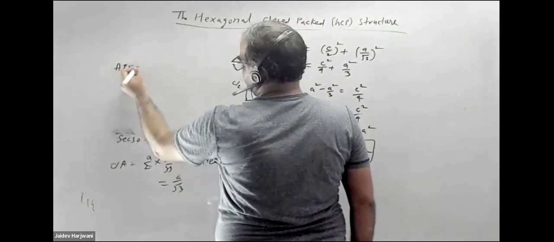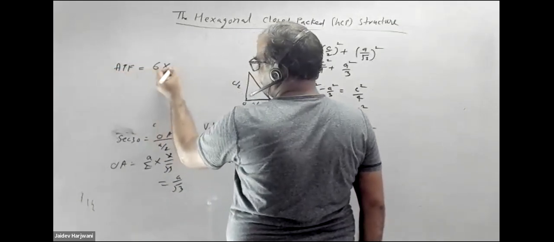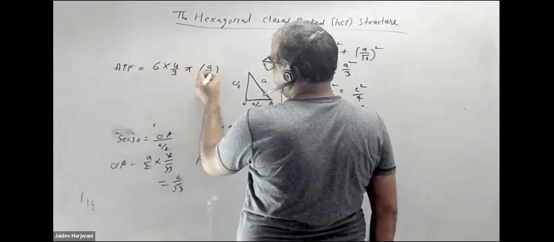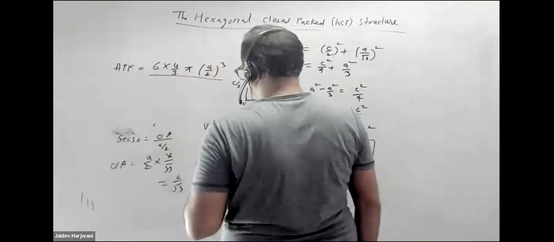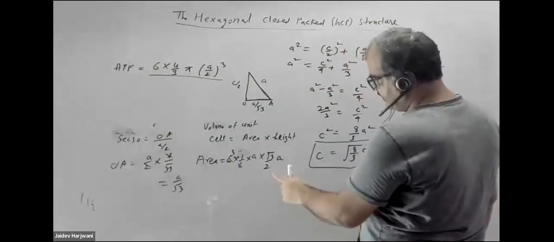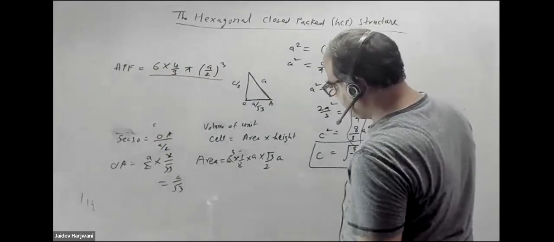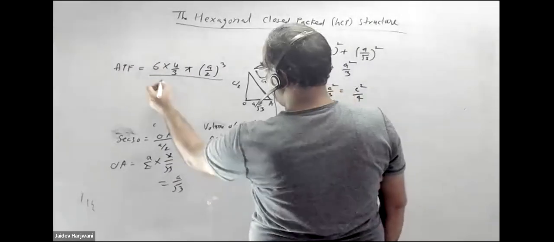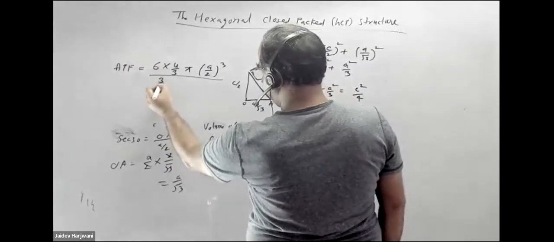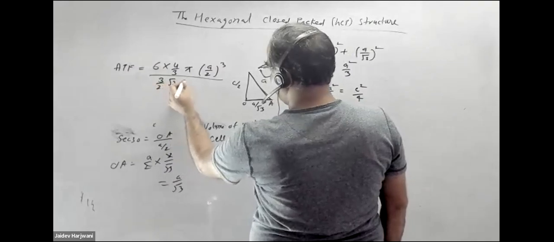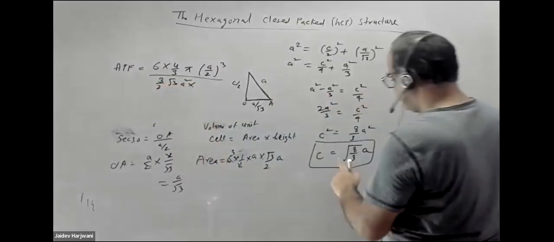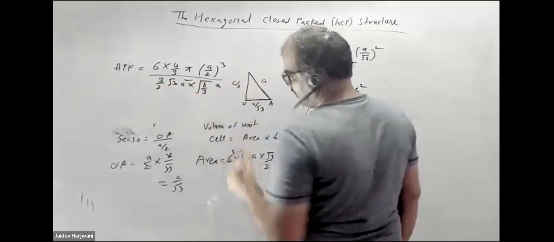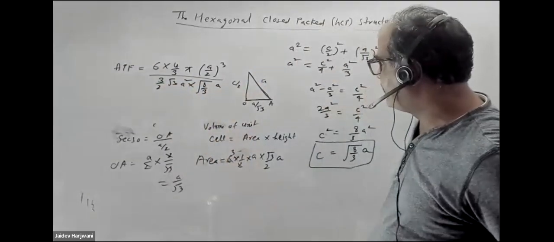This will come as 6 atoms into 4/3 pi r cube, where r is a/2. Now the volume of the unit cell: we already know the area, which we just calculated as 3/2 root 3 a square, and height is c, which equals under root 8/3 a. Now solve this and tell me the answer.